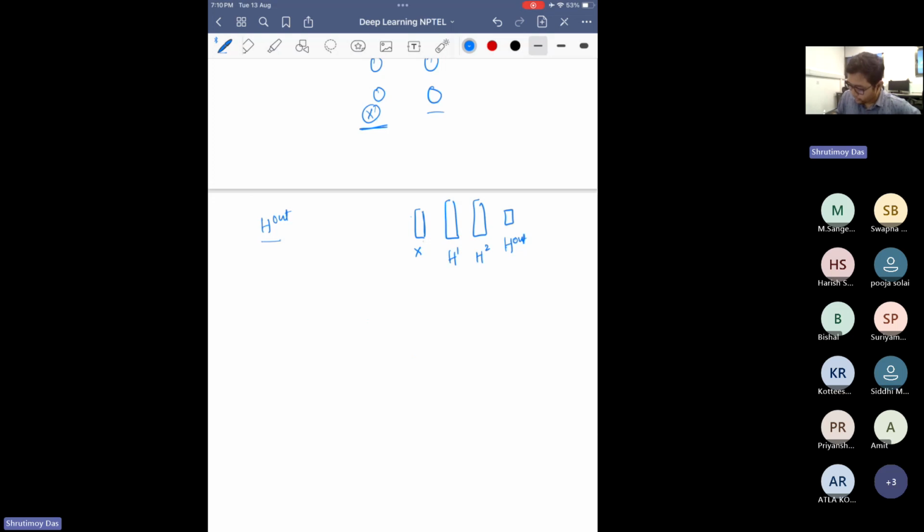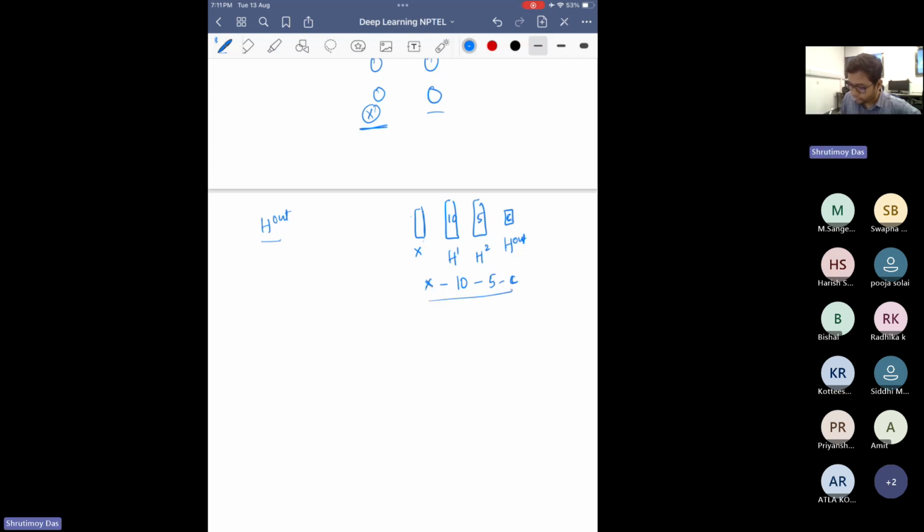Given this x, suppose I take 10 hidden neurons here and 5 neurons here, and say I have some C number of classes. So your neural network looks like this: you have X, 10 hidden neurons, 5 hidden neurons, and C neurons here.